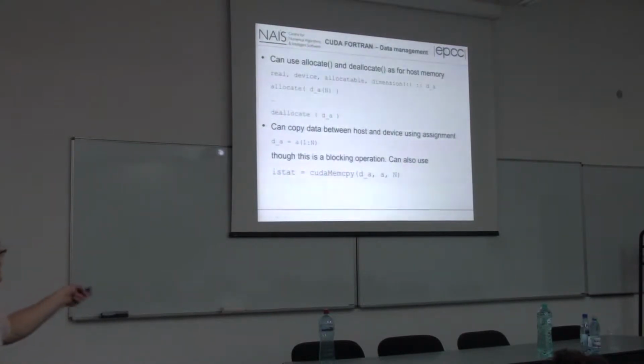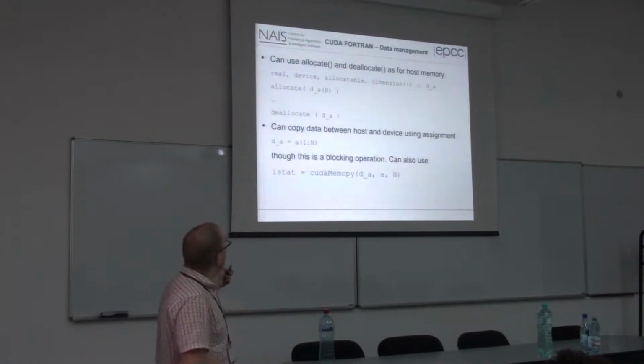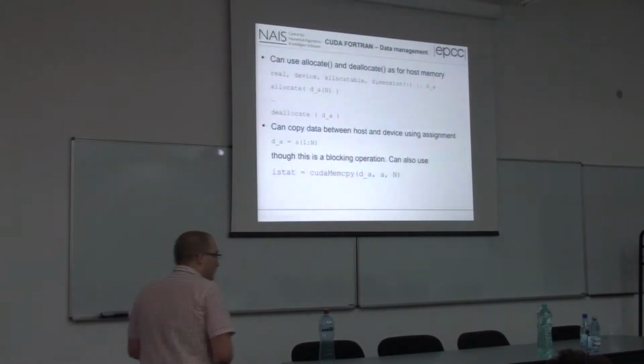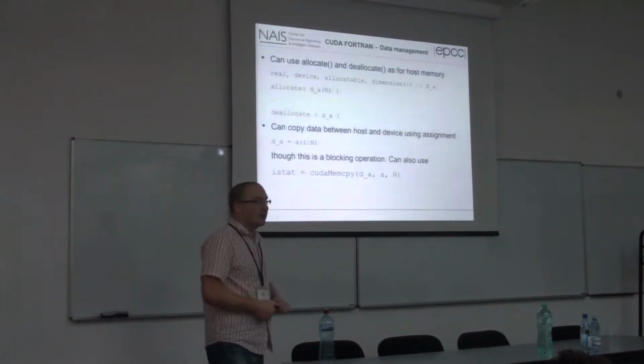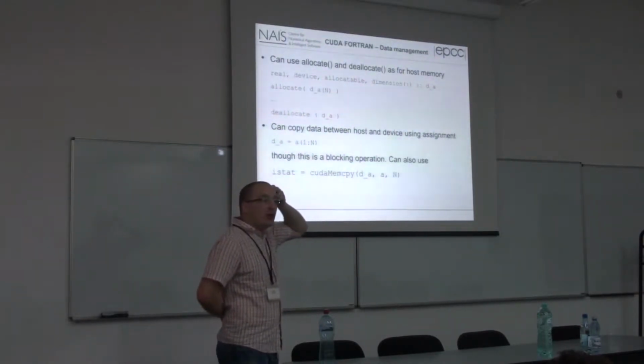I mean, you can allocate and deallocate memory. You can use the functions it provides you, the CUDA functions, but it also gives you this parameter called device. So you can add this to your variable, like say a real device allocatable, and when you allocate it, it will create the memory on the device, not the host.